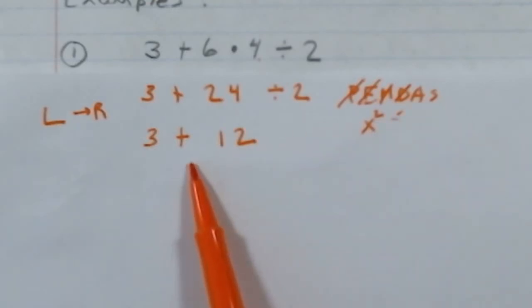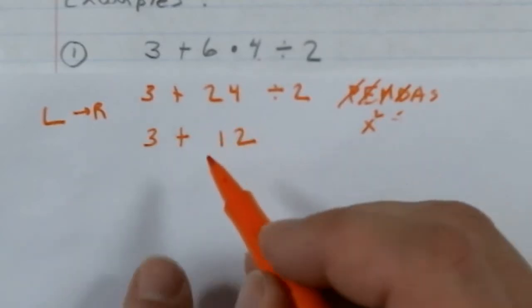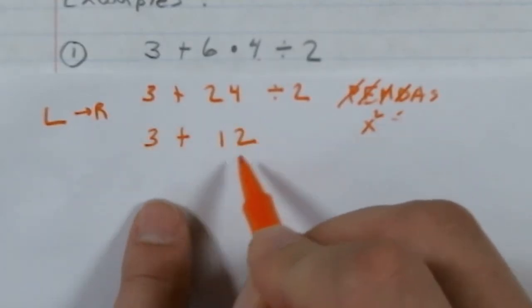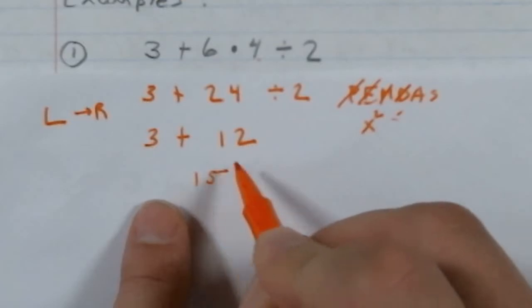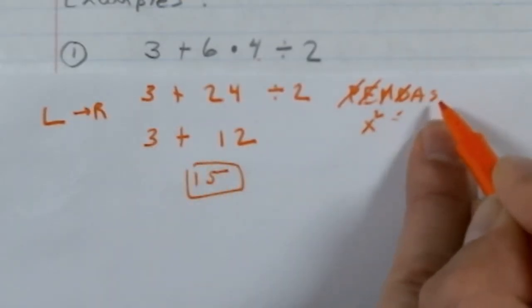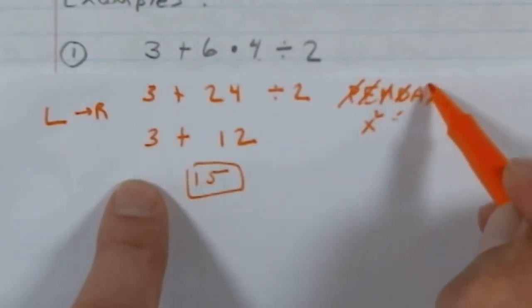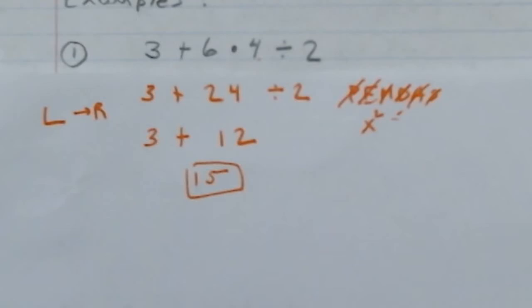What operation do you have here? You have addition. So 3 plus 12 is 15. So 15 is going to be your answer. Wait a second, there's no subtraction. Do we have to use it? No, it's not there, so technically you can just get rid of it. So this is your number.